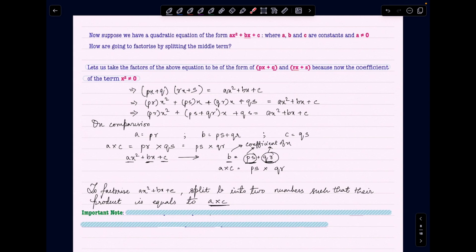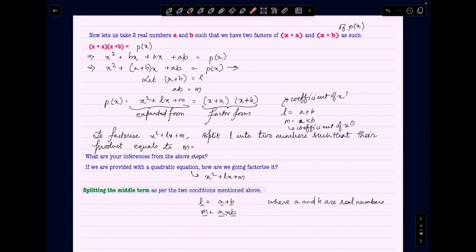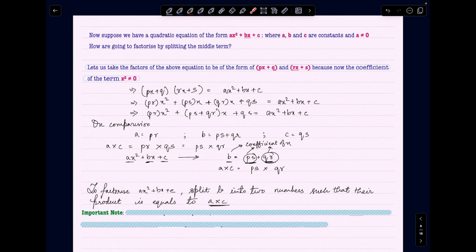Still, you see here it is a into c, the same thing. This product is equal to the product of those two numbers into which L was split. That two numbers' product gives a into c. Got my point?